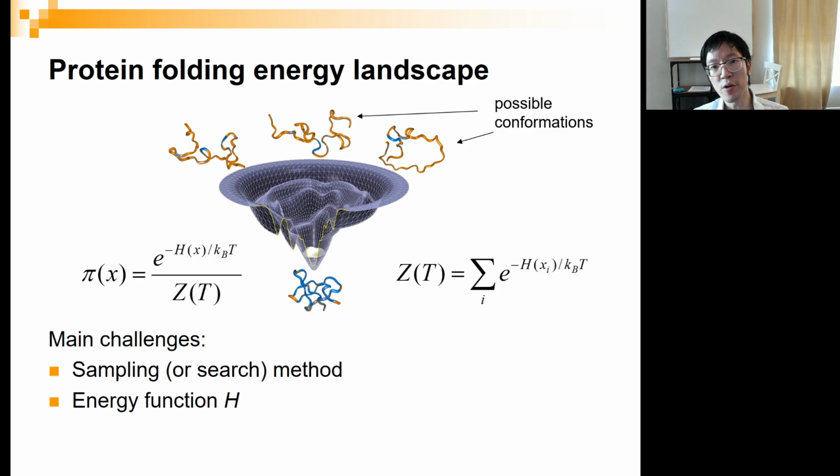So that's one way we can think of computational protein folding: as a very high dimensional optimization problem, where statistical strategies such as sampling play an important role.